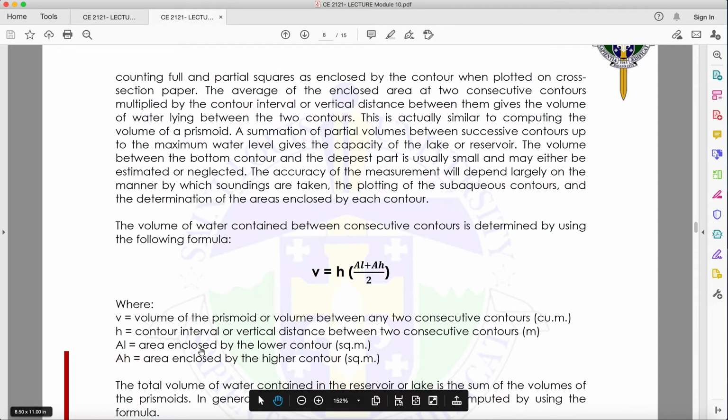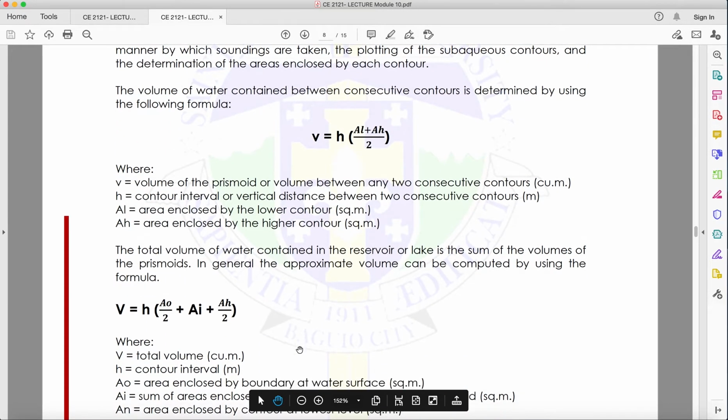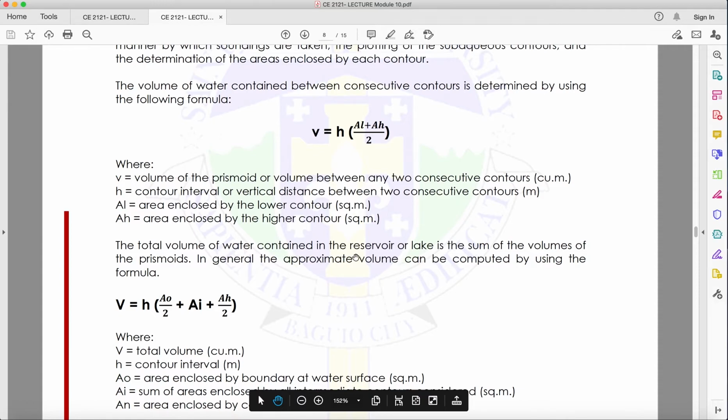AL is the area enclosed by the lower contour. AH is the area enclosed by the higher contour. Then the total volume of water contained in the reservoir or lake is the sum of the volumes of the prismoids. So we just add the volumes of the prismoids.